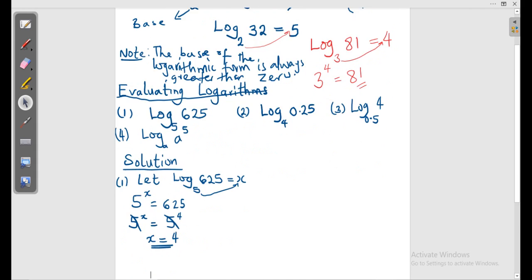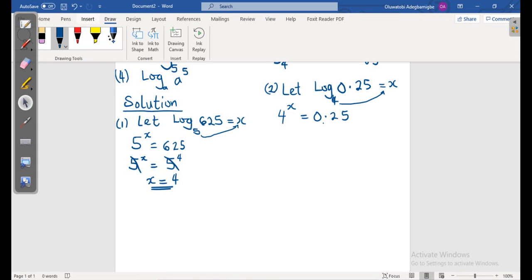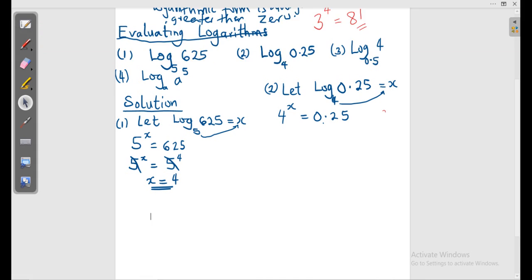Now let's try the second question. The second question says, if we let log 0.25 base 4 to be x. The same approach. That will give us 4 to the power of x equals 0.25. Because this is in decimal, you express it as a fraction. And you will agree with me that if you express 0.25 as a fraction, you get 25 over 100, which is reduced to 1 over 4.